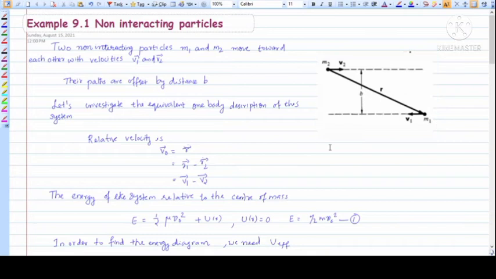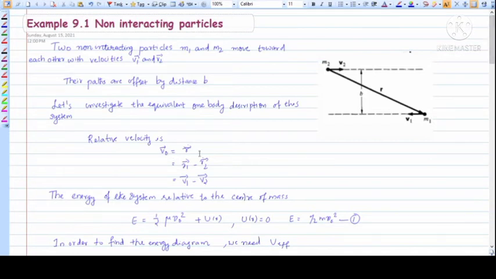This is a two body problem, and in the last classes we have studied that we can describe this type of problem as a one body problem. So we are searching for the energy of this system using the one body problem.